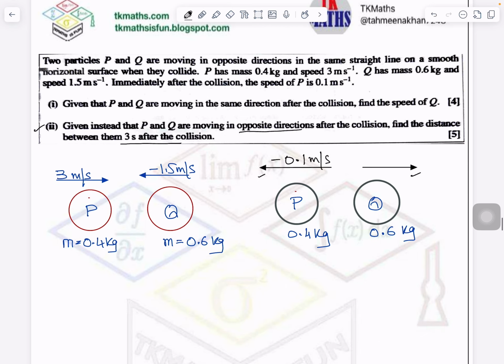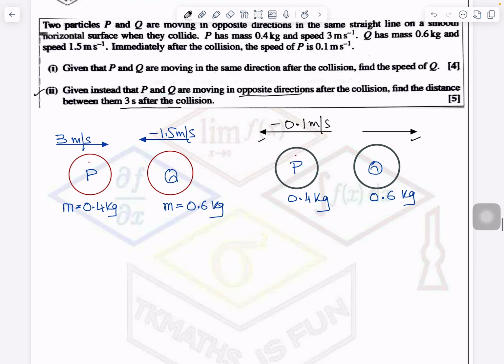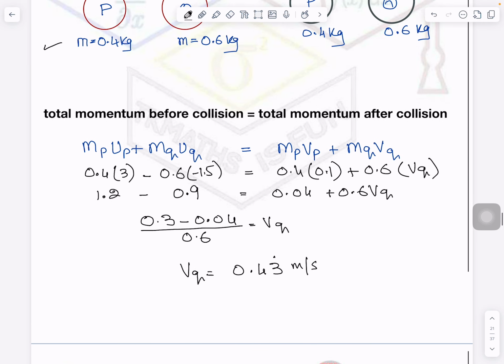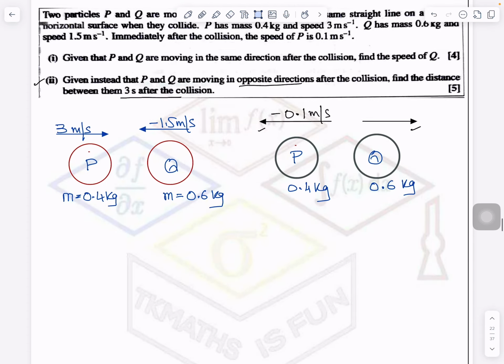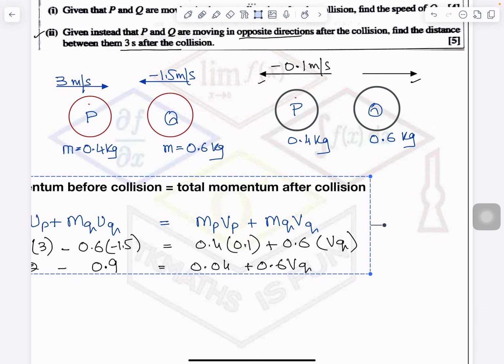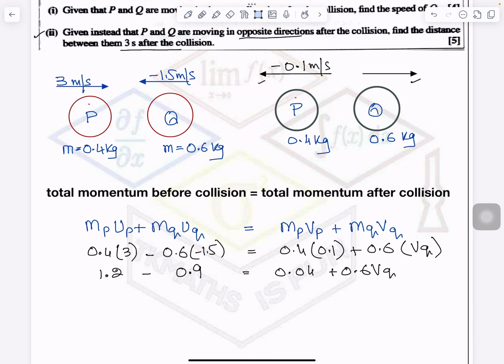So now let's do it again with the same law of conservation of momentum. Let me just take it from the first part, then I will erase the remaining part. It will save time. This part will be different only, because now we are moving in opposite directions.